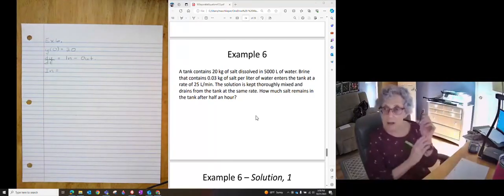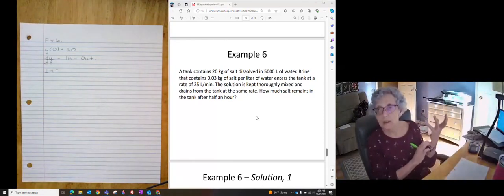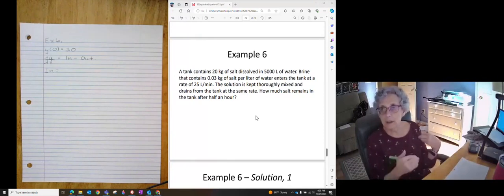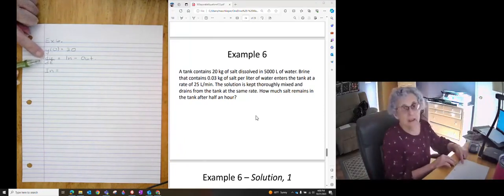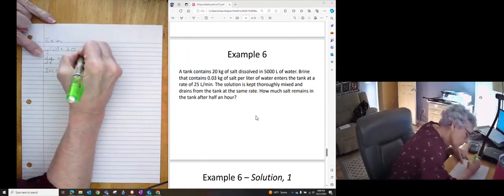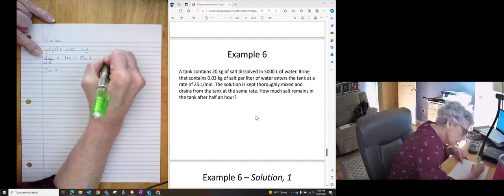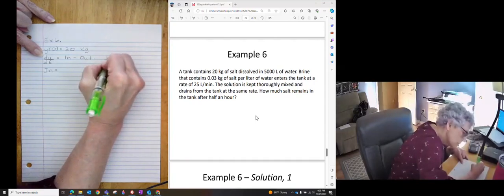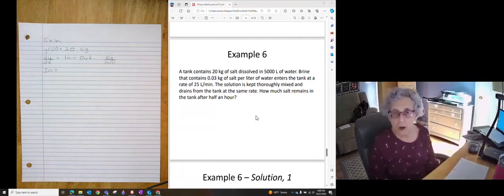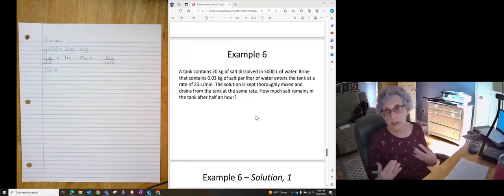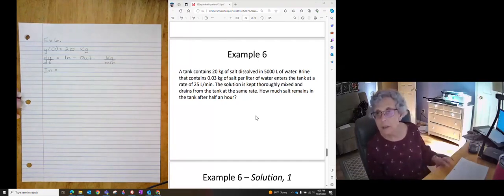Is coming in at 5,000 at 0.03 kilograms per liter at a rate of 25 liters per minute. Well, dy/dt needs to be in kilograms per minute. So let's write what we have here so that I end up with kilograms per minute.